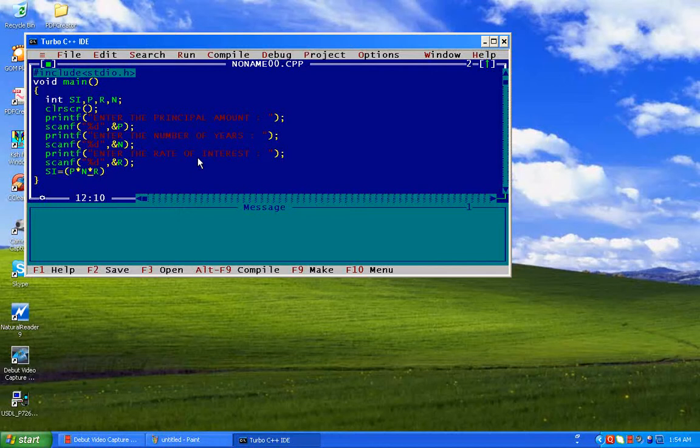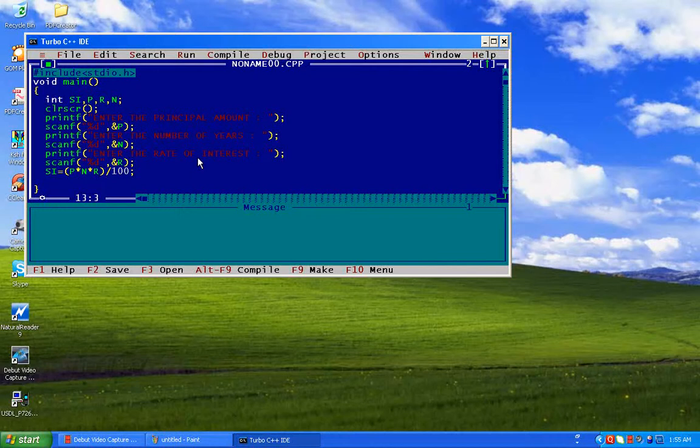Let's run the file. This error will come which is not to be considered, it should be ignored. Say OK. Here they are asking for the principal amount. I will enter 100 rupees, 2 years, 5% interest. The answer is right.